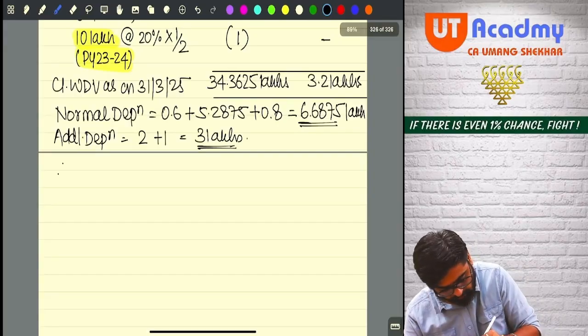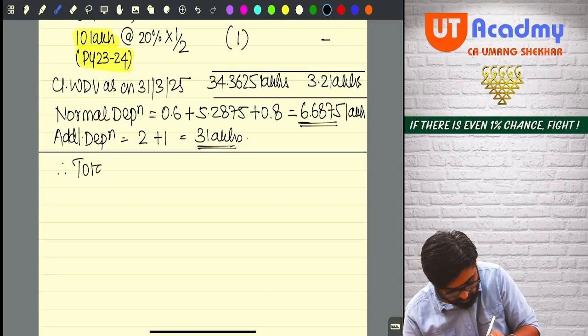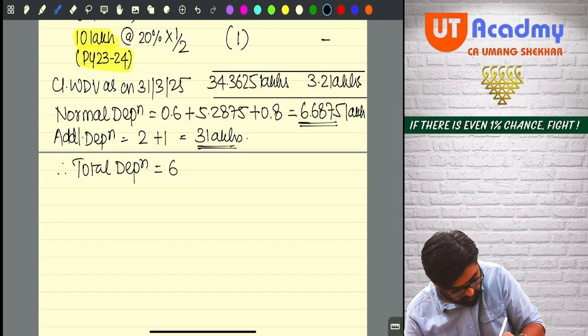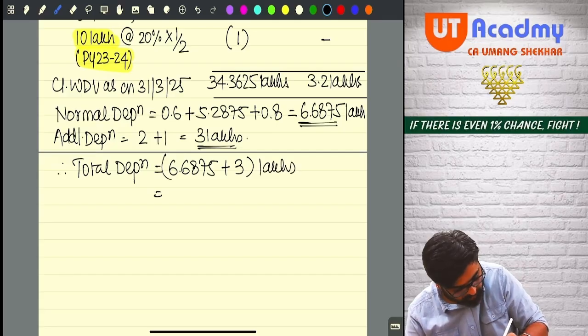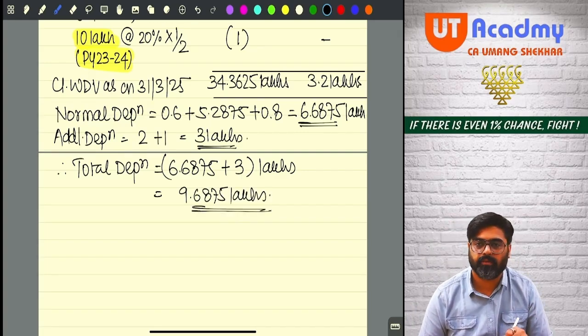Therefore, total depreciation will be 6.6875 plus 3, will give me 9.6875 lakhs. Check the answer.